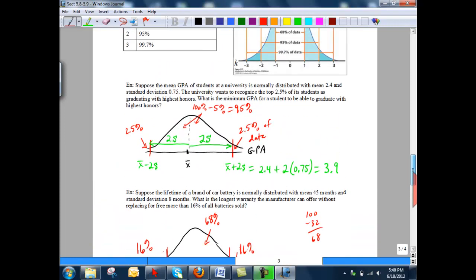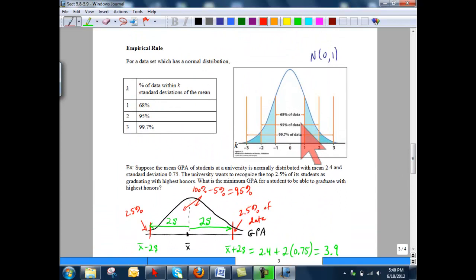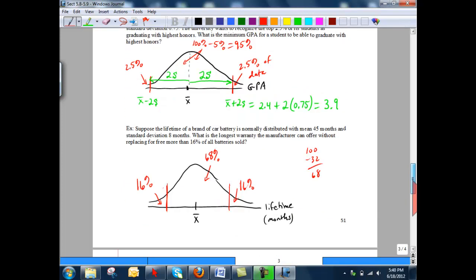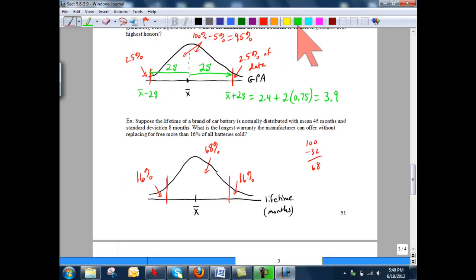But I recognize that number too. From the empirical rule picture again, 68% of the data lies within 1 standard deviation of the mean. So in my picture, I need to go out 1 standard deviation, or 1 times the standard deviation, to the right and to the left in order to pick up 68% of the data.